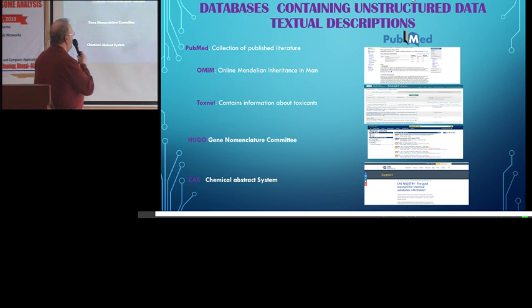The HUGO Gene Nomenclature Committee is the committee that assigns the names of genes, and for each gene there is a description of the gene. It's not relevant, but it's relevant because this database allows to link, in some cases, a protein with a gene.